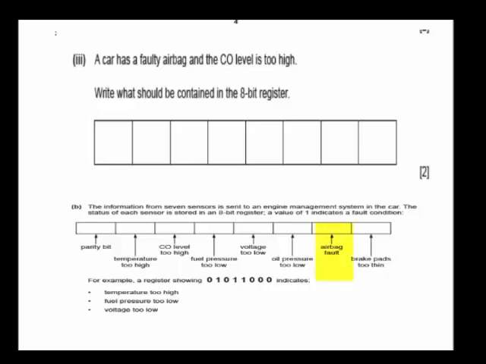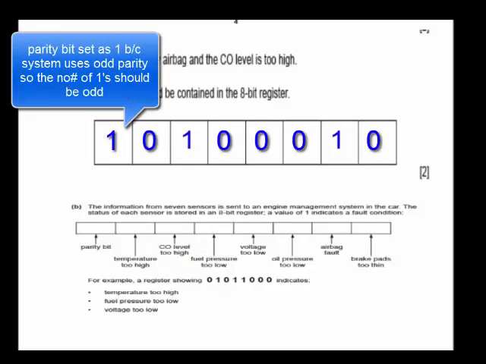So here the condition is faulty airbag, and it matches with the status airbag fault, so write 1 here. And next, another given condition is CO level is too high, so this matches with the status CO level too high, so write 1 here. And finally write 0 in the remaining empty bit places. So this will be your answer.